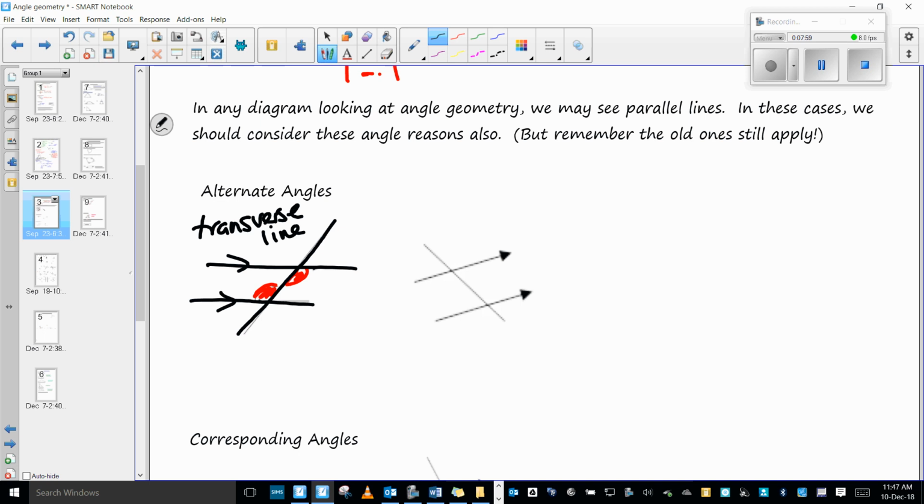Here, this is my transversal line. These angles would also be alternate. The transversal line is a line that goes through the parallel lines. It's the line that the angles are touching on different sides of.